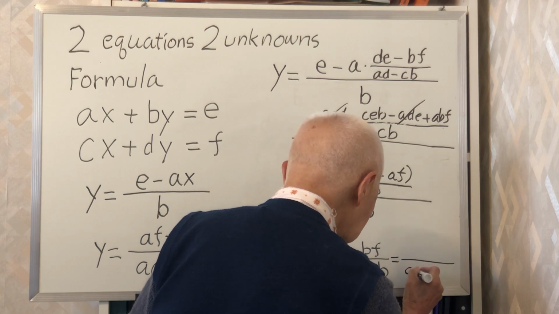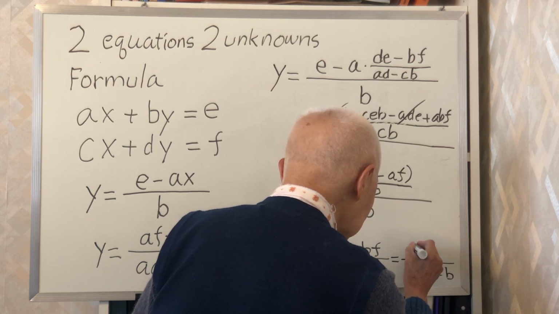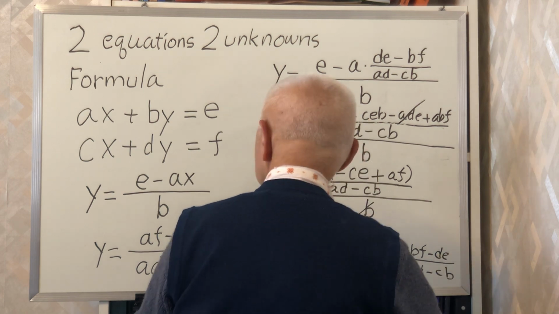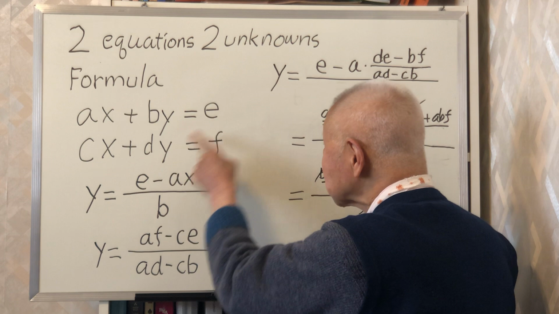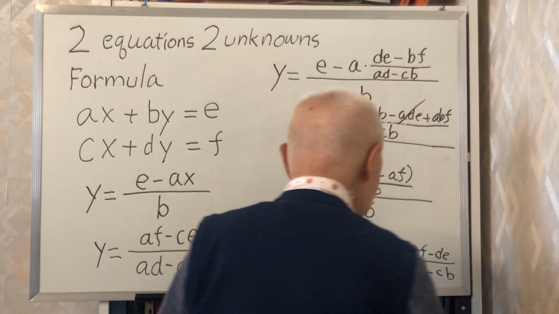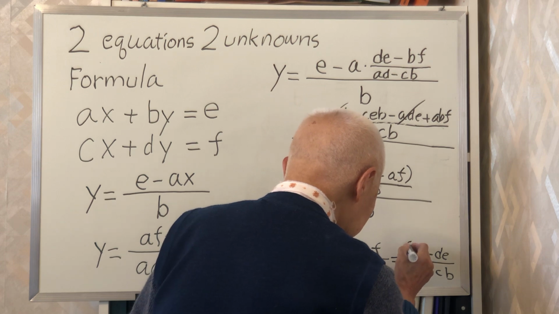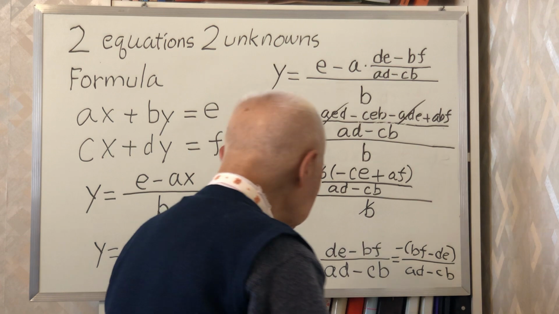So I rewrite it. The denominator is AD minus CB. I write BF minus DE, because this is easier to remember. But I need a negative sign. That is how you remember it.